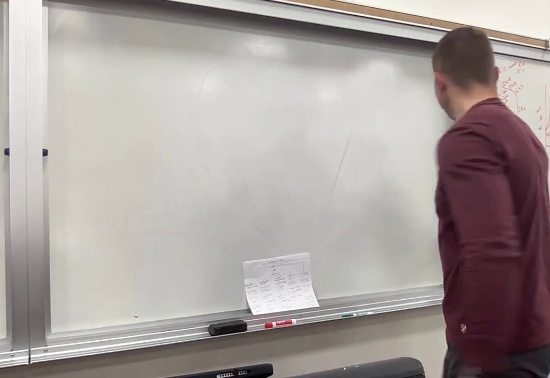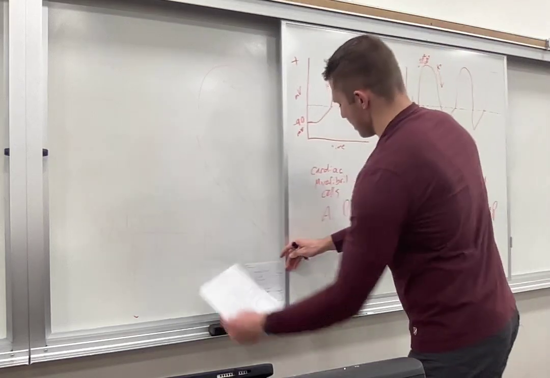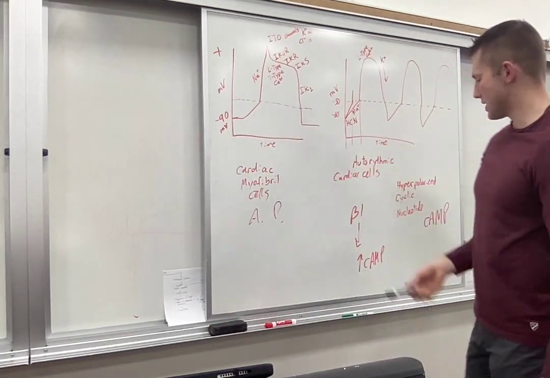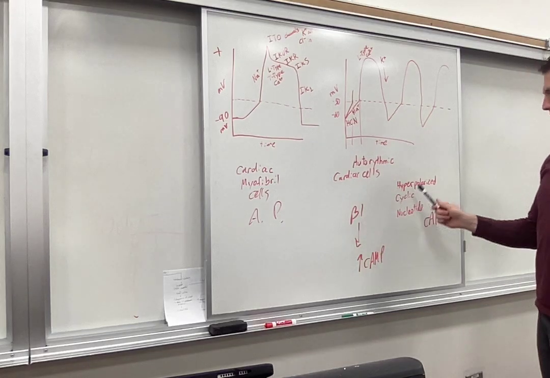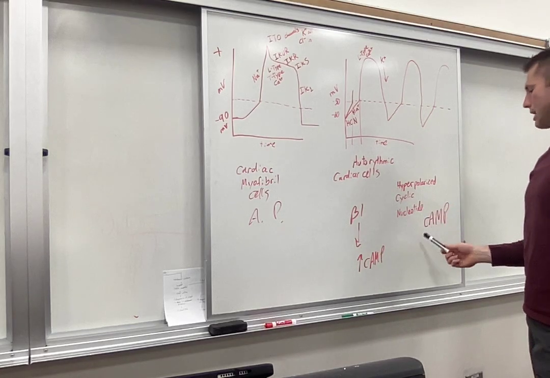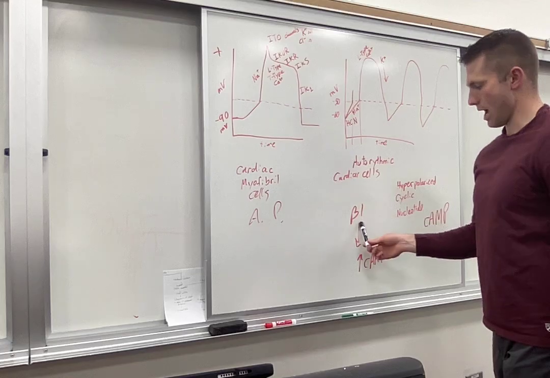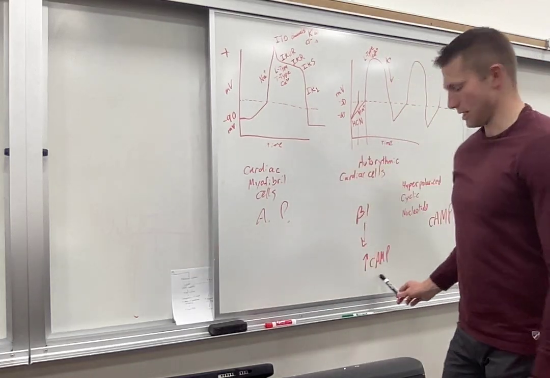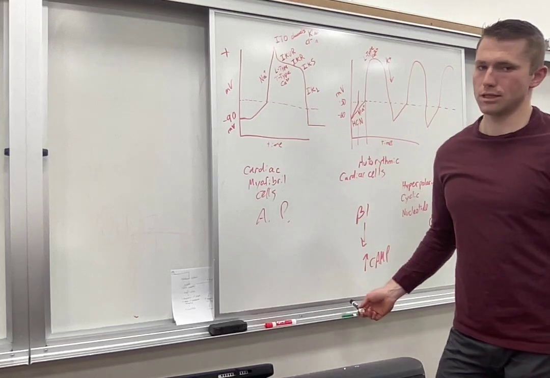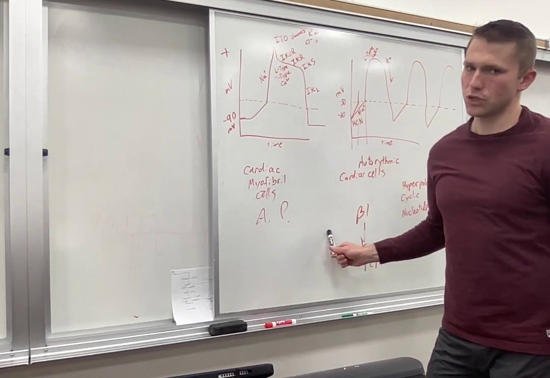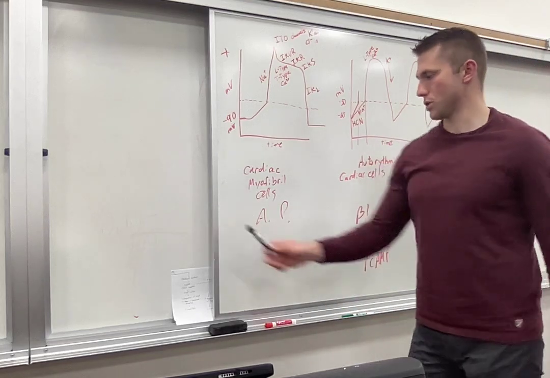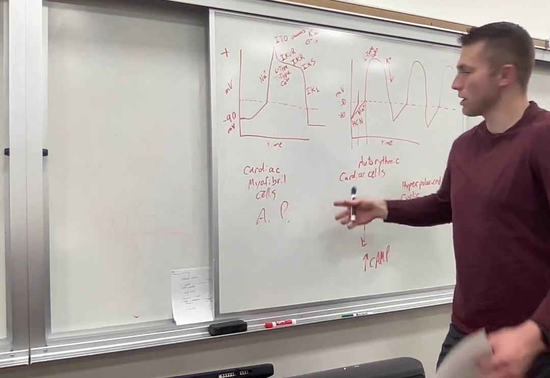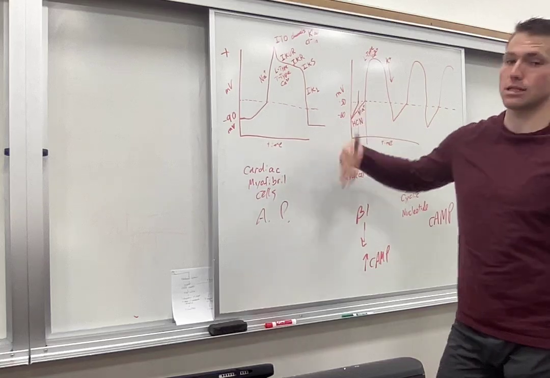Okay, quick review. Remember how we had HCN right here? HCN was a hyperpolarization-activated cyclic nucleotide-gated channel that has beta 1 influencing it, and activation of beta 1 causes an increase in cAMP, which causes HCN channels to be opened more, which causes a steeper slope, that increases its speed.